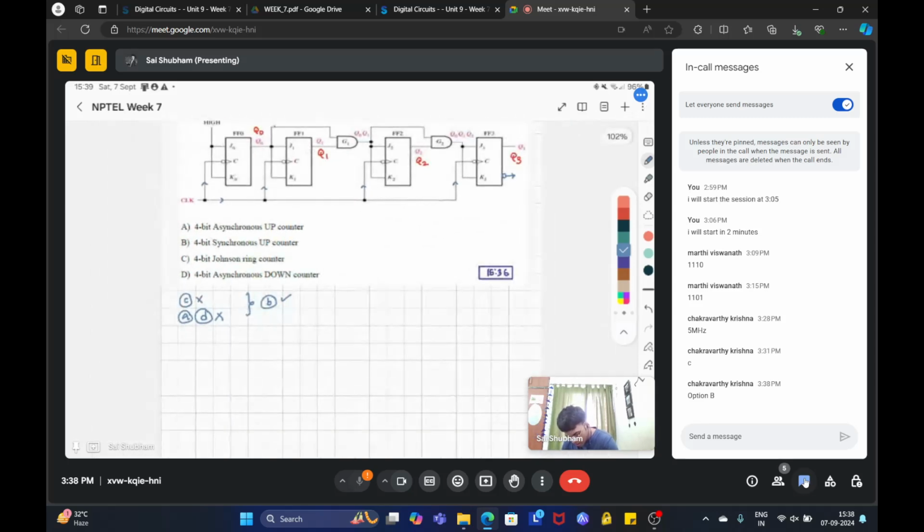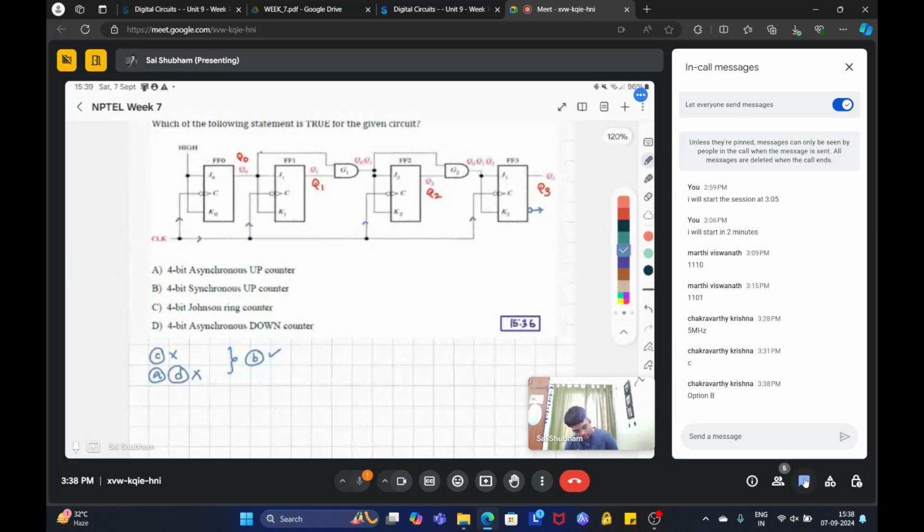In fact, we can work out the outputs as well. So initially, suppose they all are 1.